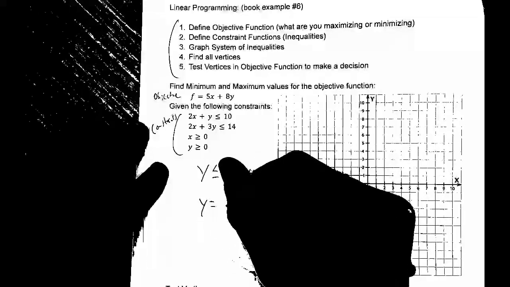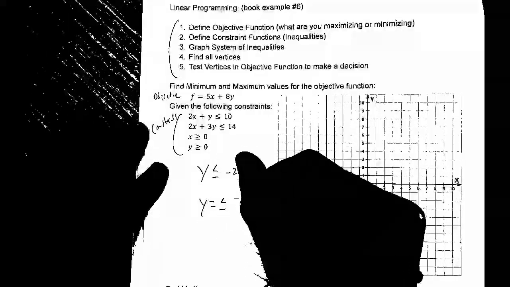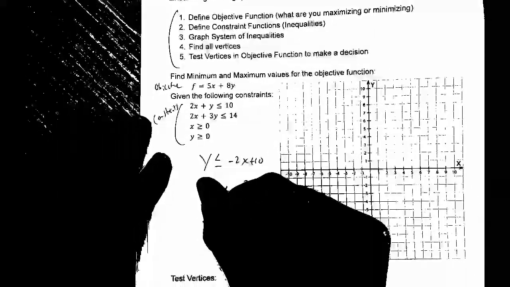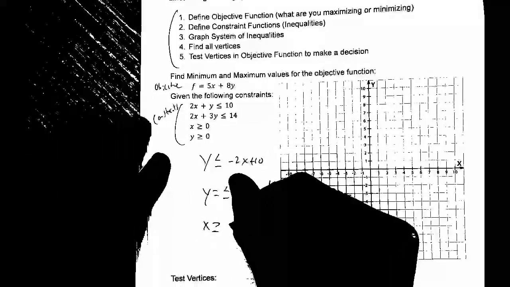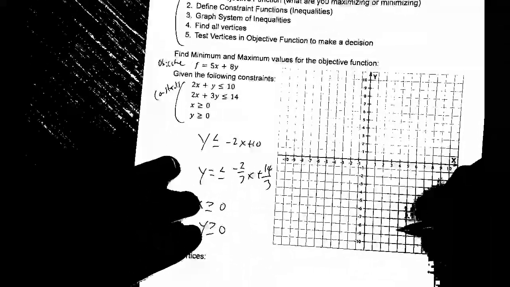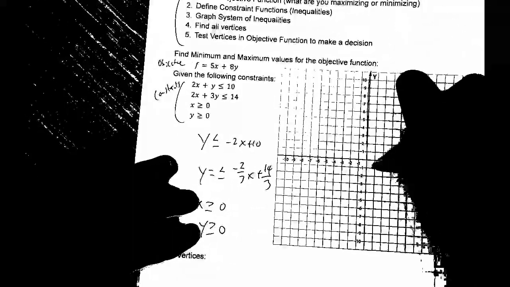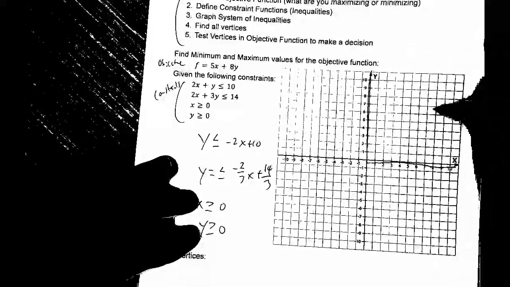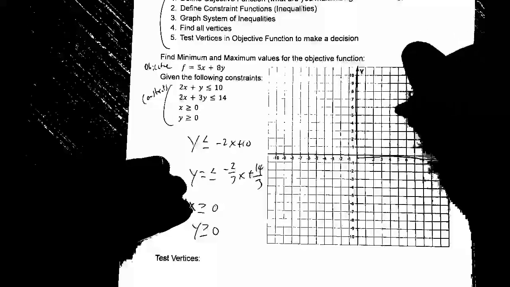And then y would be less than or equal to negative 2/3 x plus 14 over 3. We also know that x is greater than or equal to 0, and y is greater than or equal to 0. So these two right here tell us what? They tell us that we're going to be in this first quadrant right here because y has to be positive and x has to be positive. So I'm limited to this already.